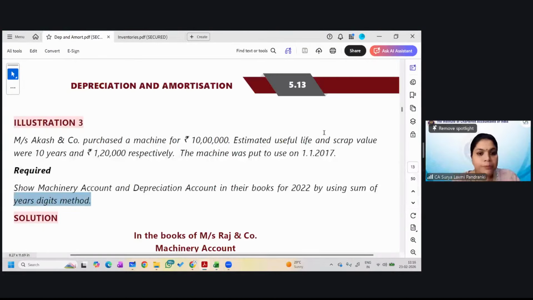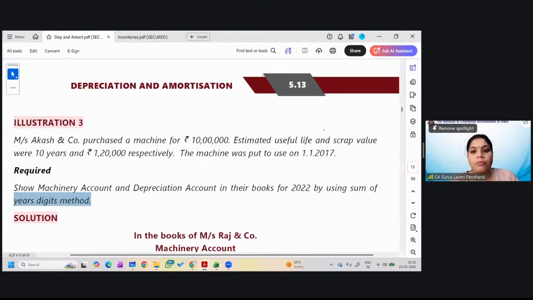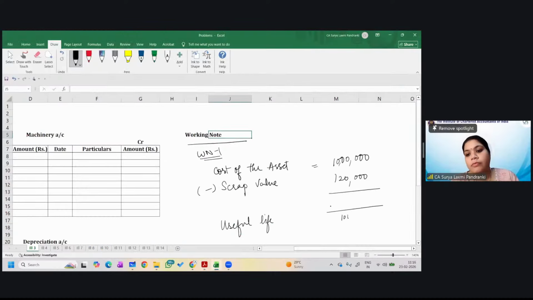Calculate this value. What is the value after scrap value? 8,80,000. Okay. 8,80,000 is value after your scrap value, right?